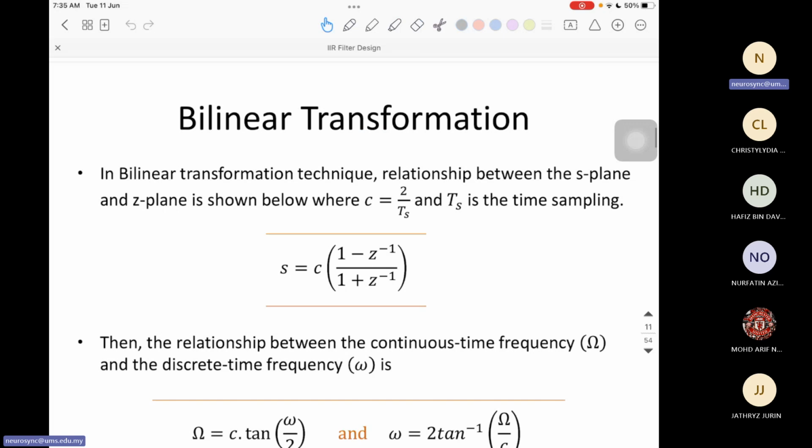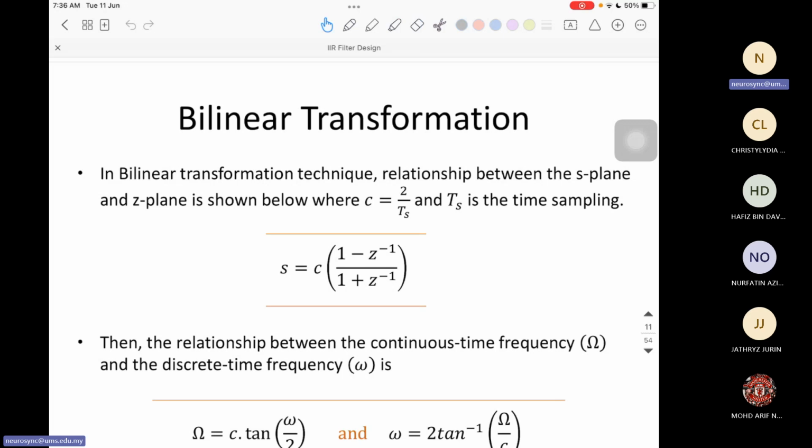And basically we map the S domain onto the Z domain while we design this digital filter. To map from S domain to Z domain, we use bilinear transformation, and this is the relation for bilinear transformation.